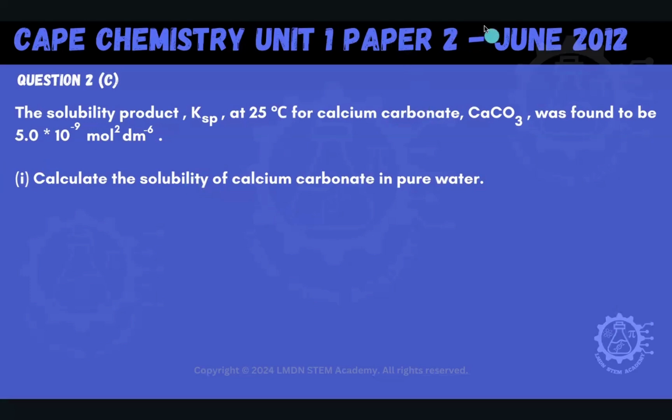So we have the same units of mol per dm³. As a result, we expect our final answer whenever we're finding the solubility of a particular compound to have units of mol per dm³. So just keep that in mind whenever you're finding solubilities.